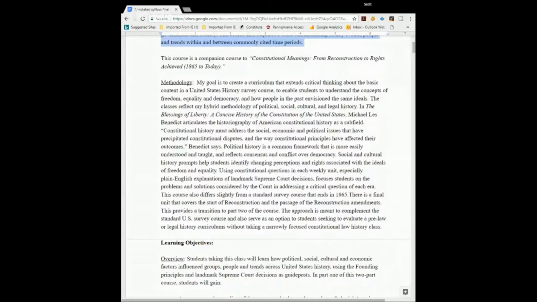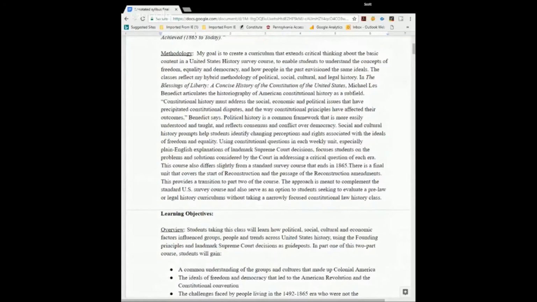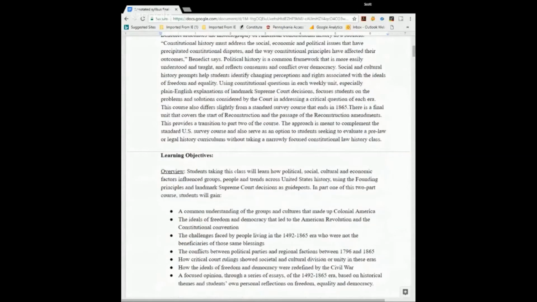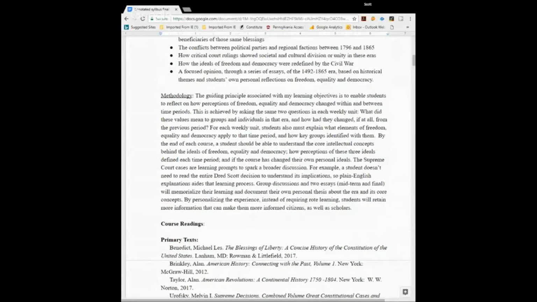And the way I've positioned my course is, once we get outside of the founding period, for each of those eras of 20 or 30 years, I will pick a key constitutional issue, a major Supreme Court decision, and have the students read a synopsis of that, and try to understand how people in that time period perceived that court decision and how we perceive it today in the context of freedom, equality, and democracy.